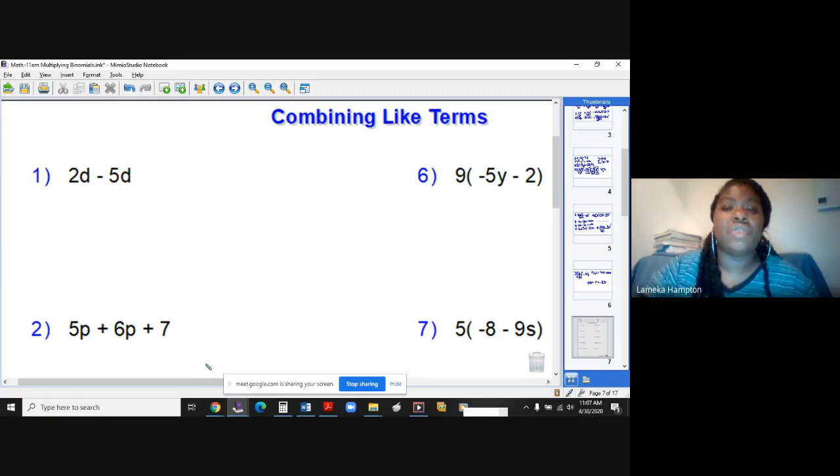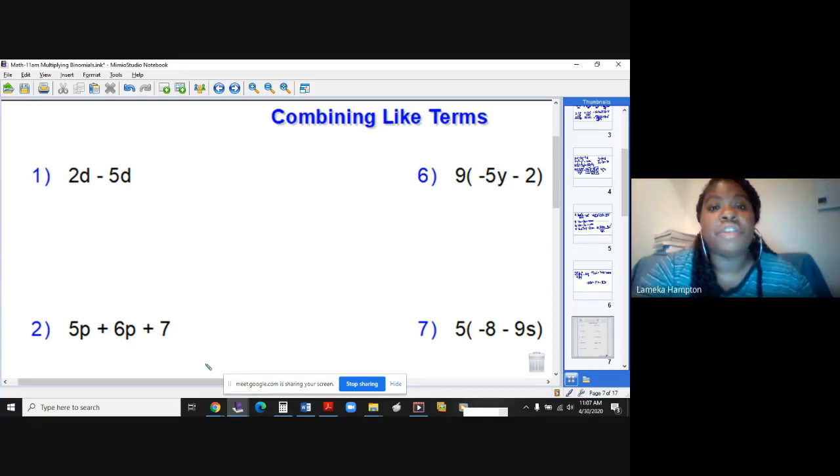The second question: once you determine whether they are like terms or unlike terms, then you can determine whether or not you can add, subtract, multiply, and divide. If they are like terms, you can. If they are not like terms, you cannot add or subtract unlike terms. Remember, unlike terms are fraternal twins.